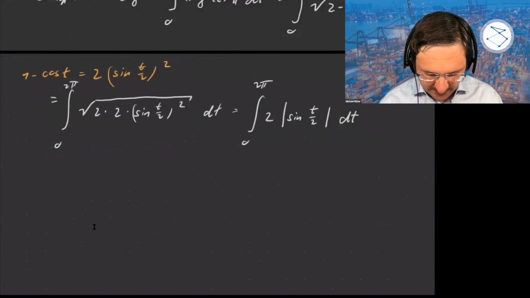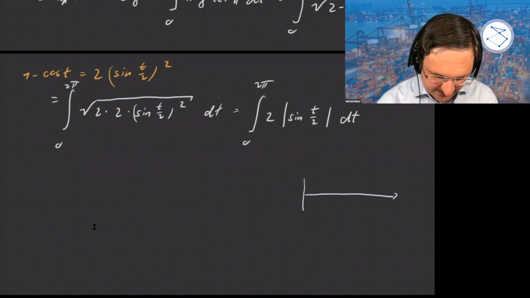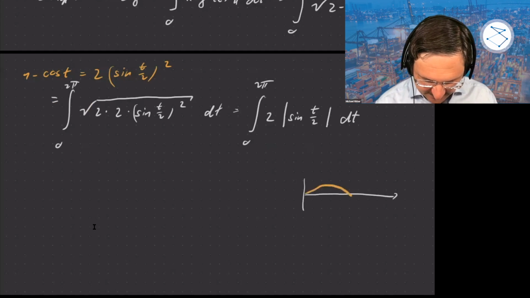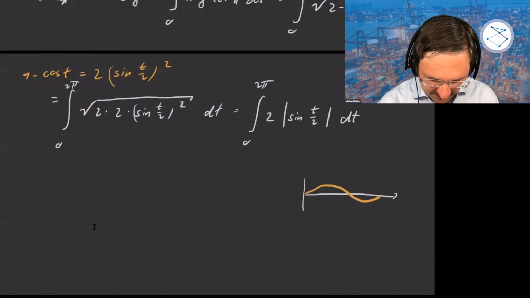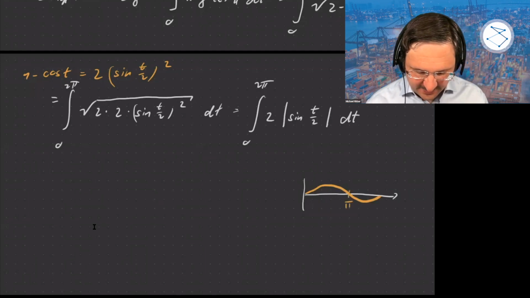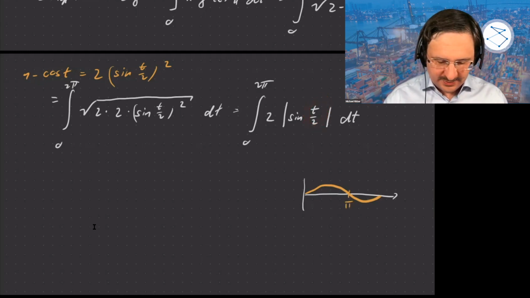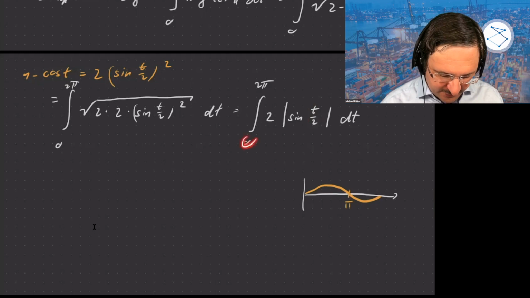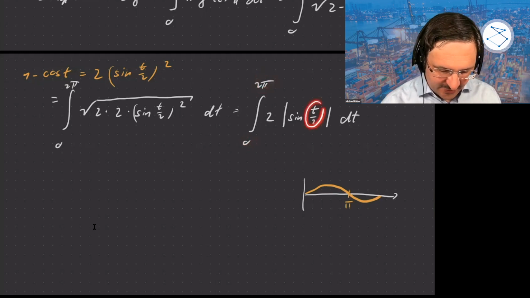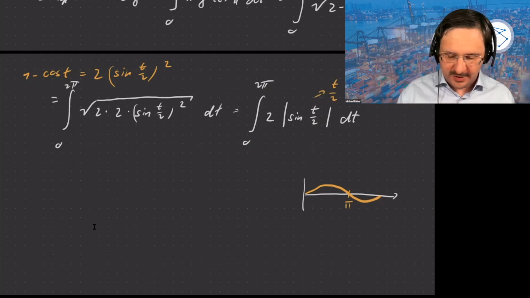And now, again, if we look at how that sine function works, let's take a quick sketch of that again. It looks like this, basically. Now, that is the sine of pi. And now what we have here is a sine of t over 2, and we're going from 0 to 2 pi. So basically, this argument here, t over 2, is between 0 and pi, right? 2 pi over 2, that's pi.